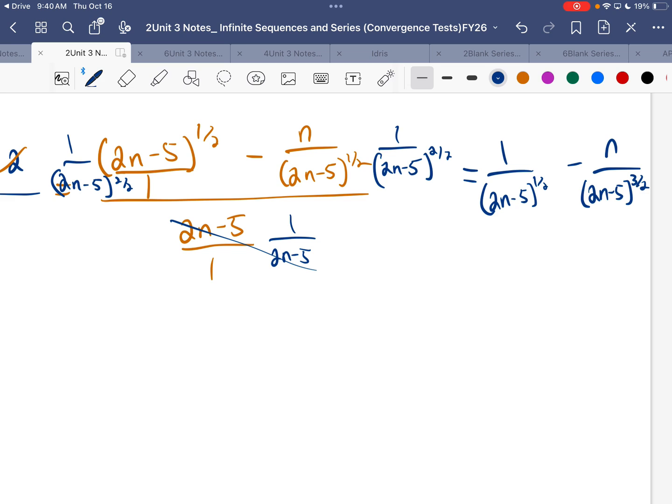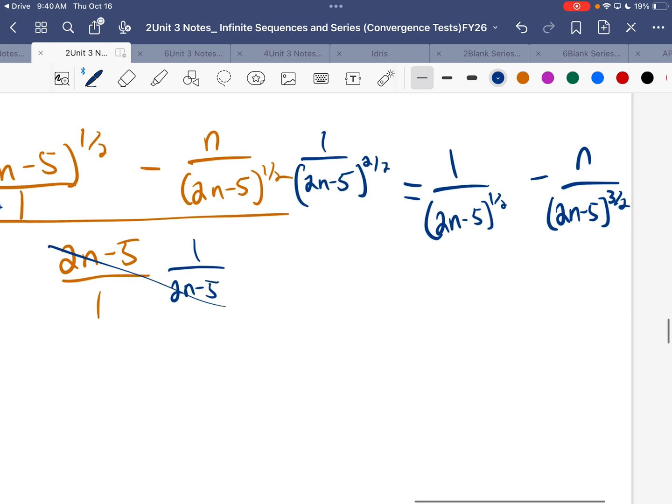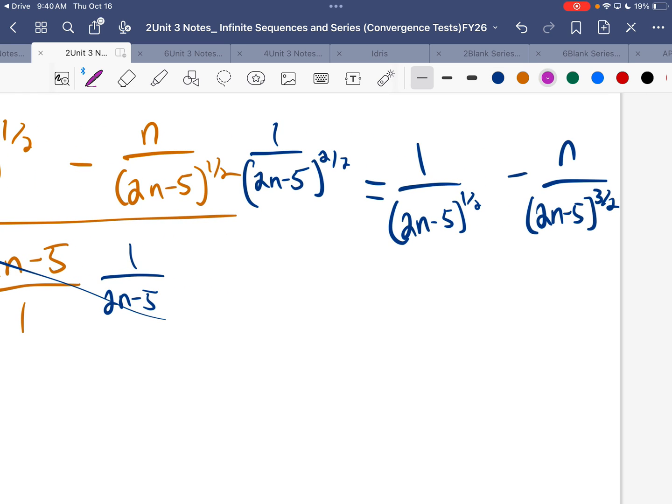All right, and we should get a common denominator. When we're figuring out if it's decreasing or increasing, it'll be easiest if it's one term to compare. So getting a common denominator, I need to multiply the numerator and the denominator by 2n minus 5 to the 2 over 2.